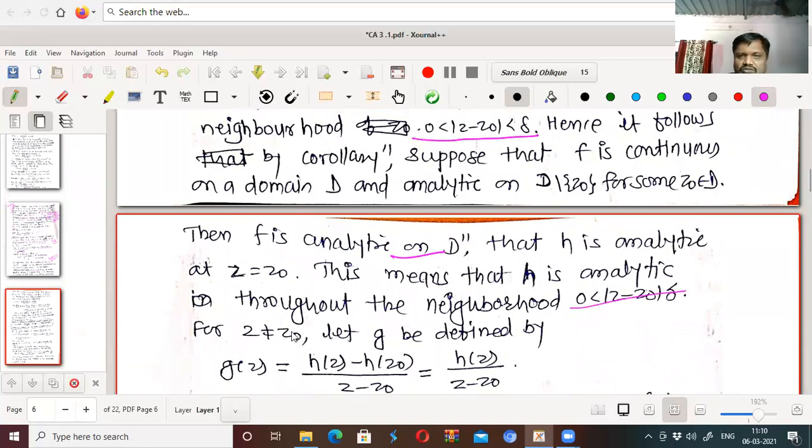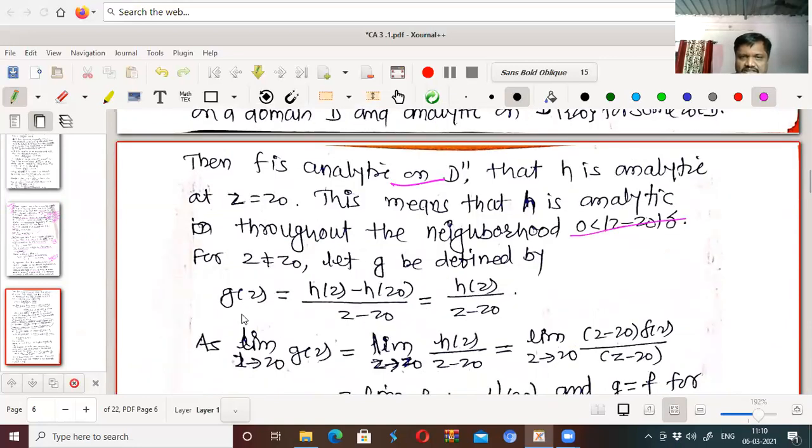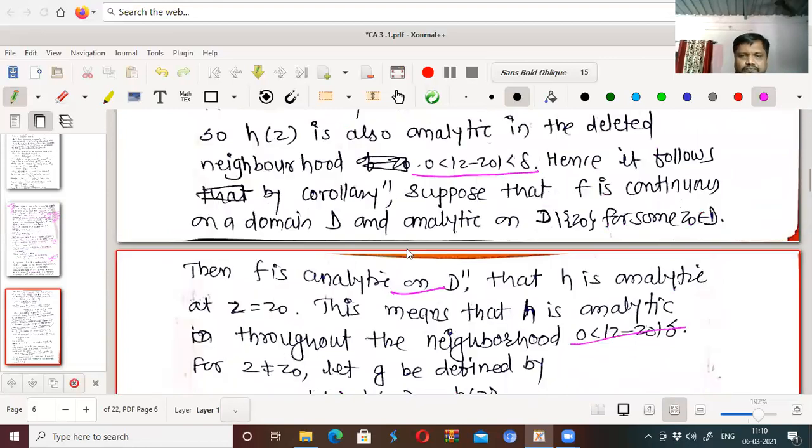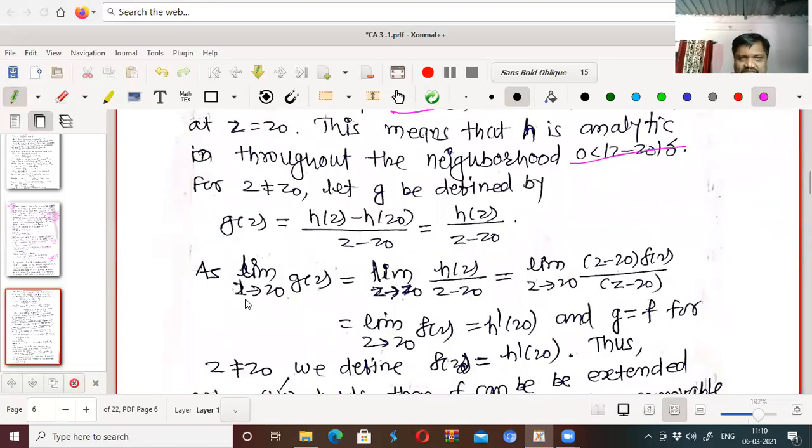Now, for z not equal to z0, let g of z be defined by h of z minus h of z0 divided by z minus z0, which is equal to h of z upon z minus z0, as h of z0 is equal to 0. As the limit as z tends to z0 of g of z, we find the limit of h of z upon z minus z0, which is the limit of (z minus z0) f of z upon z minus z0. These two cancel as z is not exactly equal to z0.